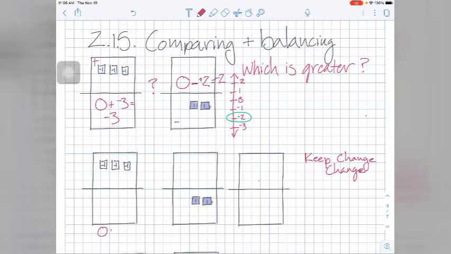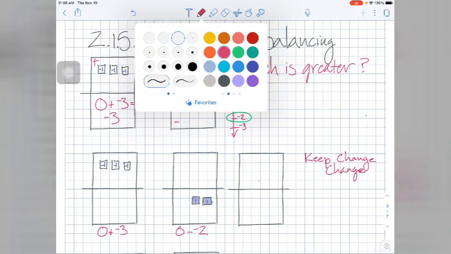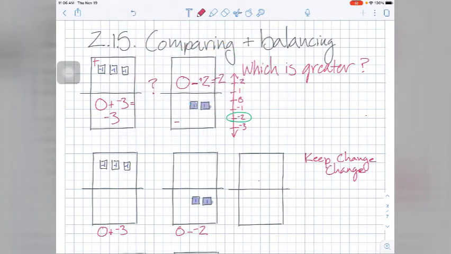Some students may get confused by whether 0 plus -3 is bigger than 0 minus -2, and that is because subtracting negatives is really conceptually confusing. But if I remember keep, change, change, that is sort of what happens with the Up house, right?